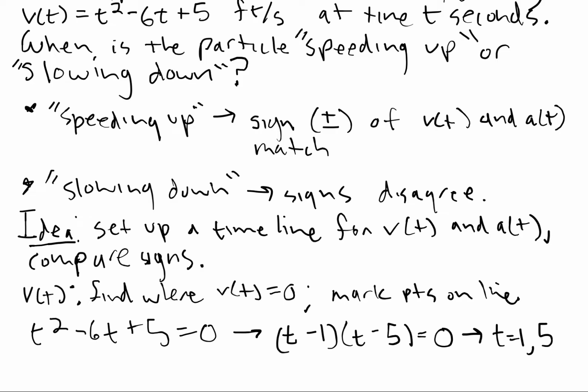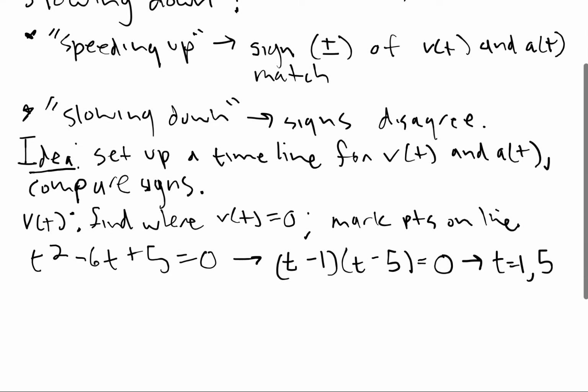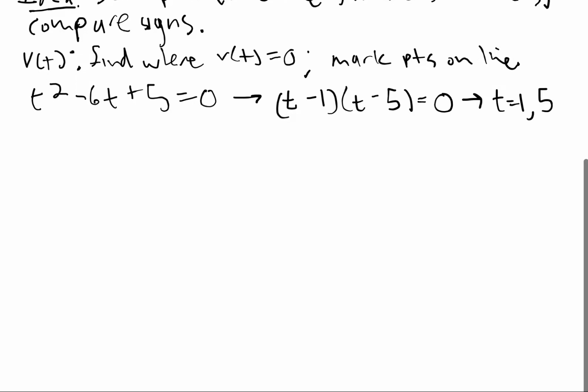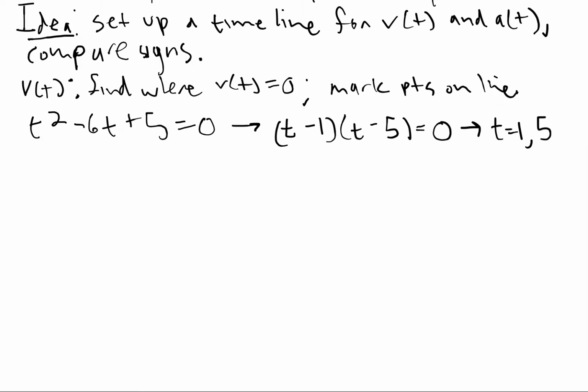Okay, so I'm going to start setting up my number line. I will mark both of those values on here. So this is my number line for velocity. This is going to be 0 at time 1 and at time 5. Now, the reason that I'm going to split up this number line in this manner is the following.